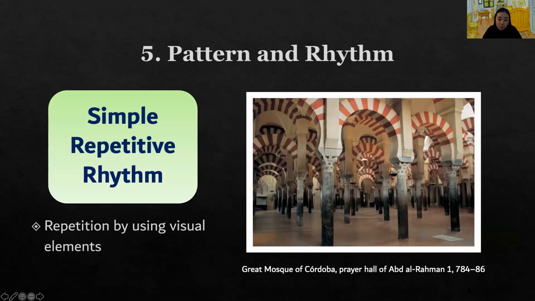And simple repetitive rhythm is repetition by using the same shape, same size, color and value, line or texture over and over again. So that is a simple repetitive rhythm.